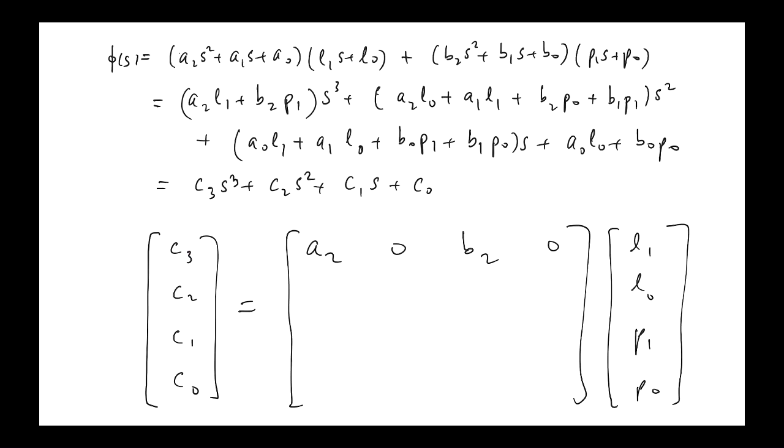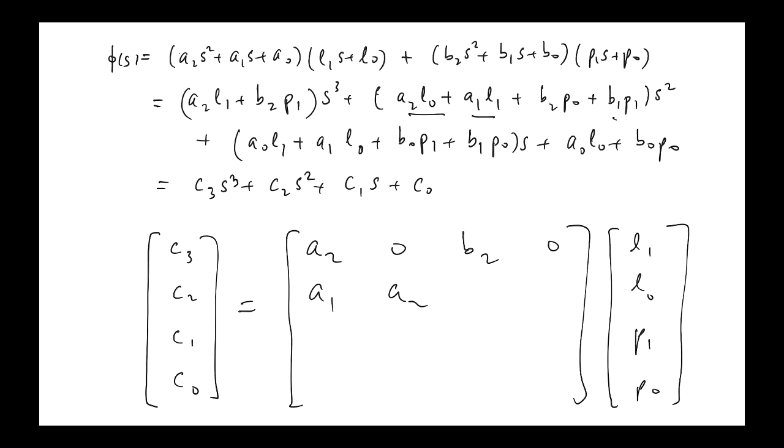All right? We get the second row of this matrix by equating this coefficient to this, C2. And what do you see? Well, you see that C2 will be A1 times L1, it'll be A2 times L0 to give me that term there.